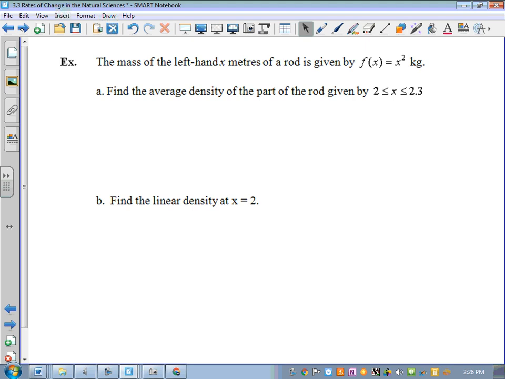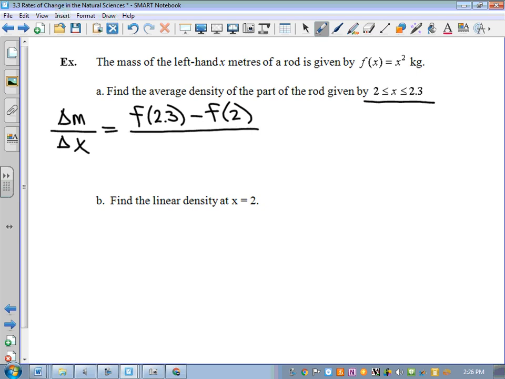Because it wants to find the average density of the part of the rod given by this interval, we are simply going to use our delta m over delta x when delta x isn't 0. So that's going to be our function evaluated at 2.3 meters minus our function evaluated at 2 meters, over 2.3 minus 2. We're going to cheat a little bit in the notes here.